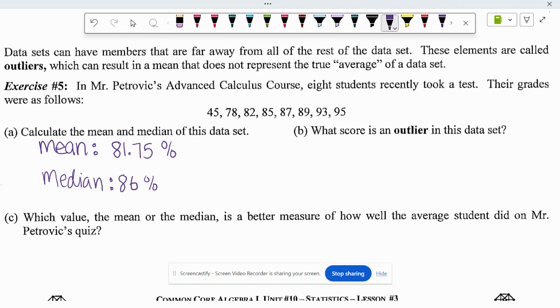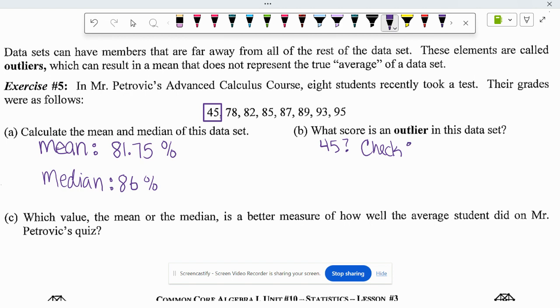Okay. Which score do you think is the outlier? Yeah, I agree. I think that 45 is the outlier, but we have to check.